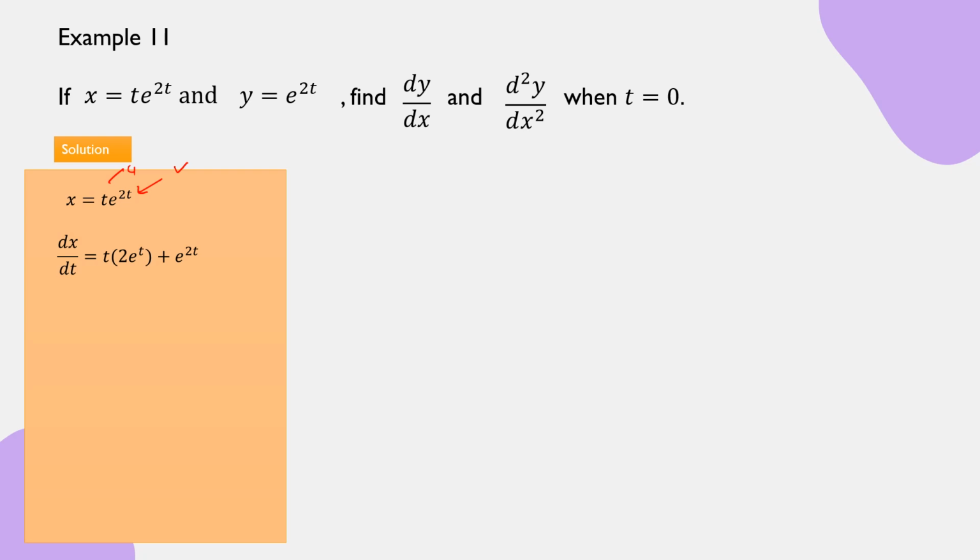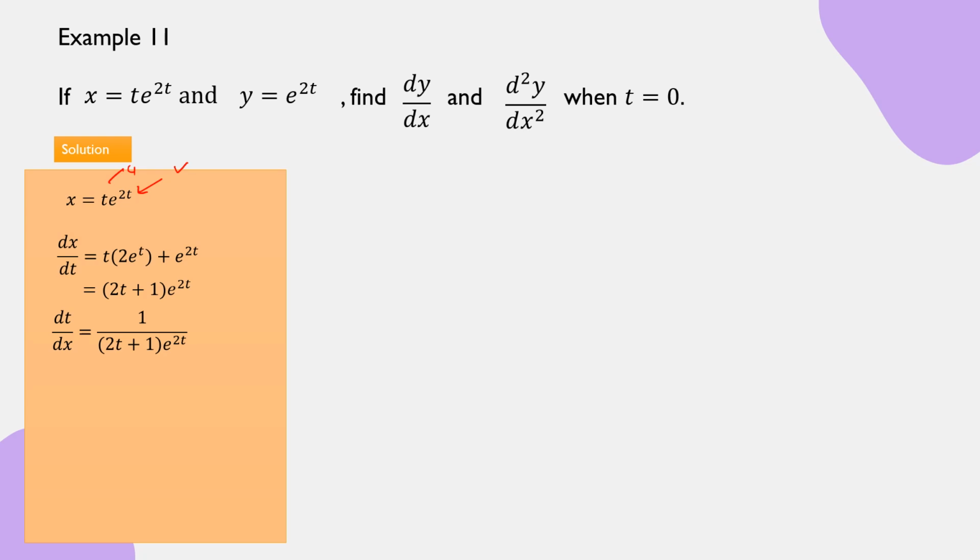Keep u, differentiate e^(2t), we get 2e^(2t), plus differentiate t, get 1, and keep e^(2t). So we can write it as (2t + 1)e^(2t). This is dx/dt, therefore dt/dx equals 1 over (2t + 1)e^(2t).